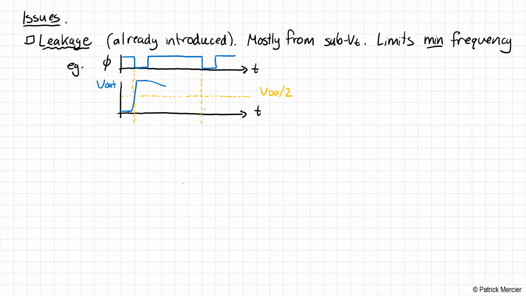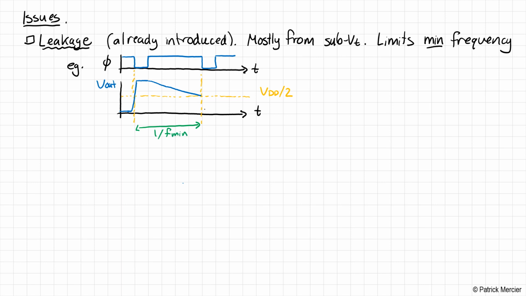For more robustness, this threshold should probably be larger than VDD over 2, but I think it's a reasonable baseline case for us. So the point where we hit this VDD over 2 threshold is going to define the maximum period, or alternatively the minimum frequency that we can operate at.